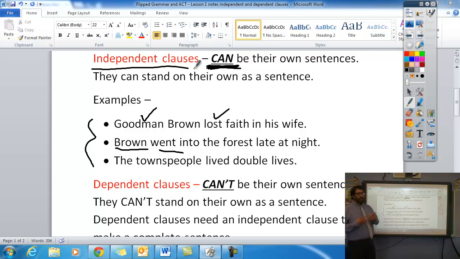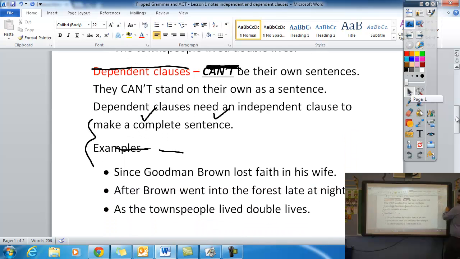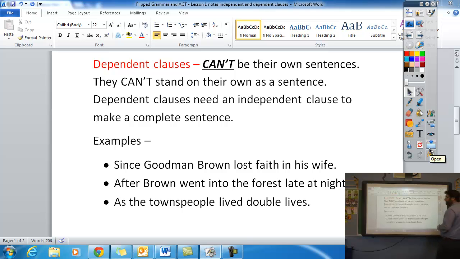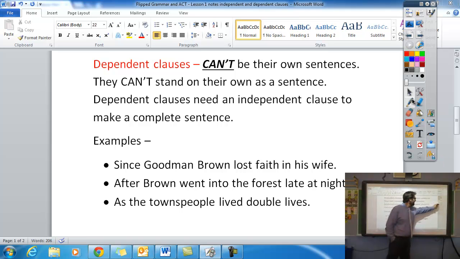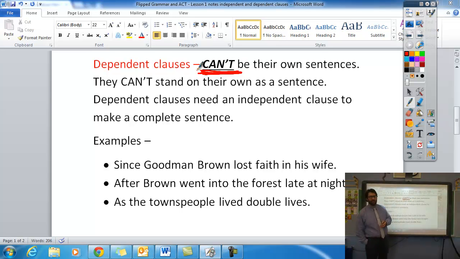So that brings us to the second kind of clause that we're going to be dealing with, dependent clauses. Dependent clauses are the exact opposite. They cannot be their own sentence.